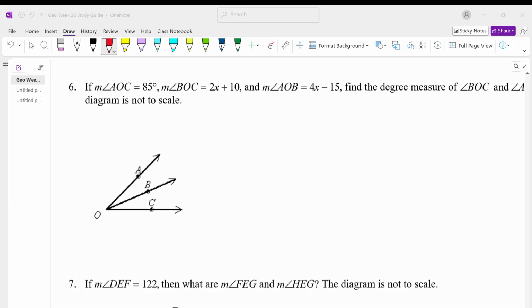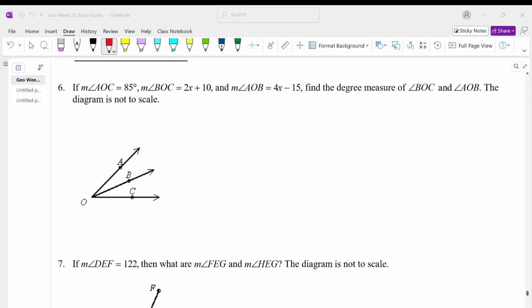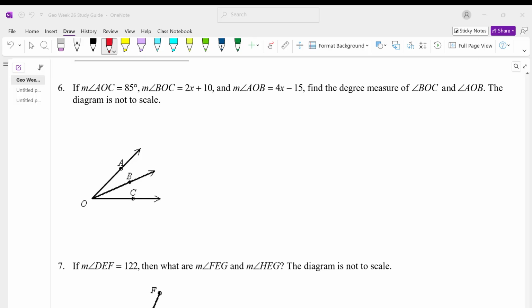Problem number 6 right here. In problem number 6, you're told that the measure of angle AOC, it's this entire angle, is equal to 85 degrees.